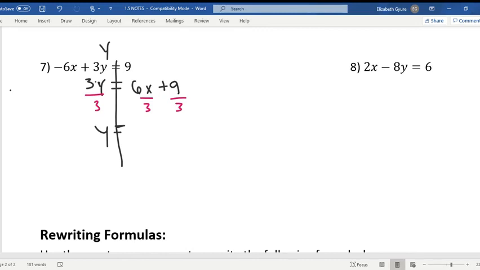All right, we'll come back to you, Mason. Nick, 6x divided by 3. How can I simplify 6 over 3? Yeah, very good, 2x. And then Owen, what about 9 divided by 3? Yeah, just 3, good. And that's it for that one.